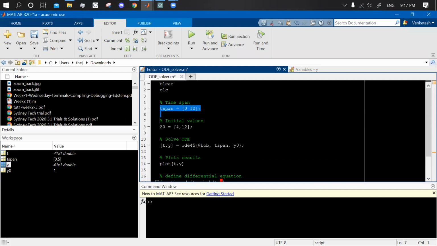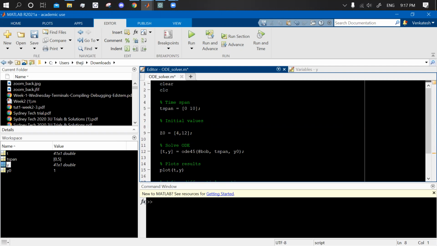So we define our time span, initial values, so position and velocity. I can make a new little list and say y naught equals 4, and then v naught equals 12.